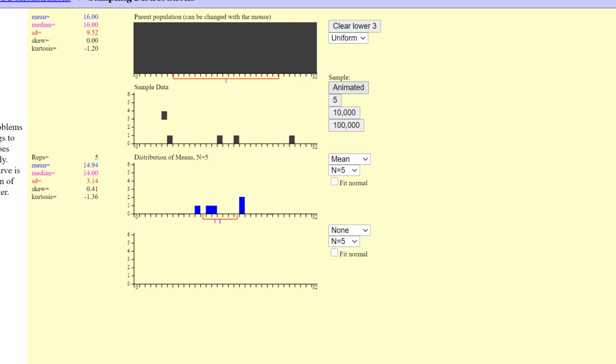Taking 5 at a time, we can see that even though there's an equal chance of getting every value here, because there's an equal number of things in each category, we're still likely to get something around the center, because if we get some really, really low value here, it's going to be dragged upwards by values that we get from out here. So they're going to pull values towards the center. So if we keep taking values, you can see we're starting to get a sort of clustering around the middle. Taking 10,000 more, there is our normal model.